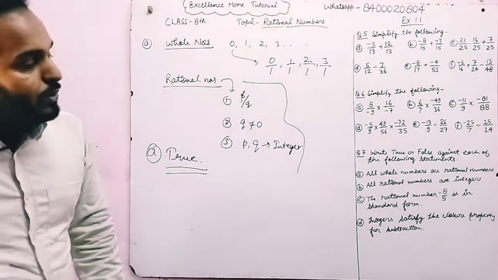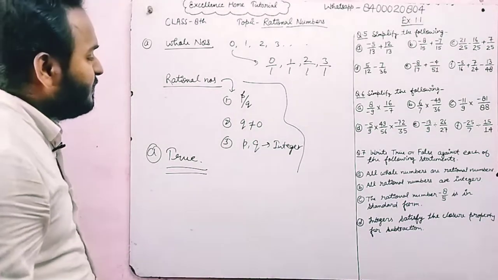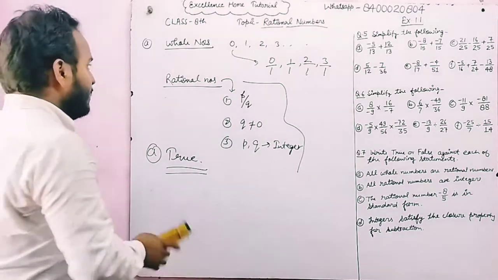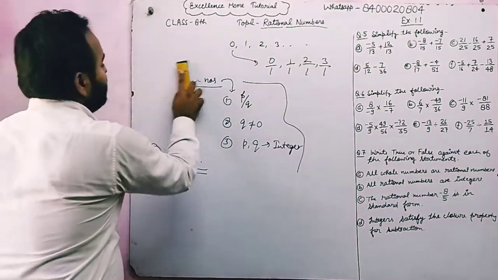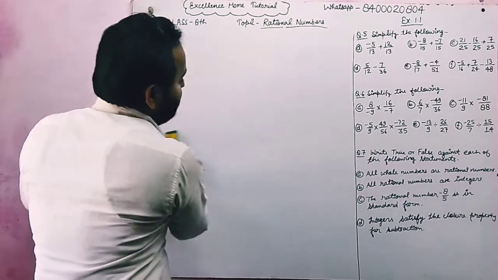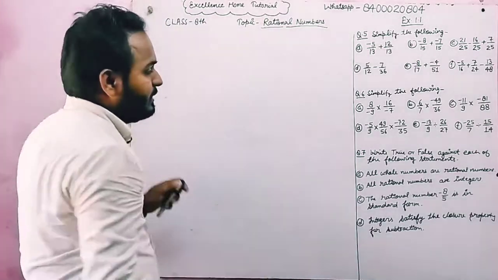Okay, so let's move on. Section B. Section B says that all rational numbers are integers. In this, we have to check whether all rational numbers are integers or not.